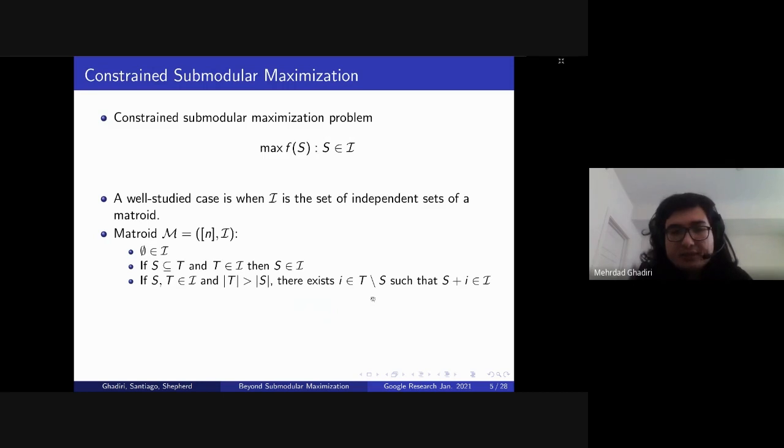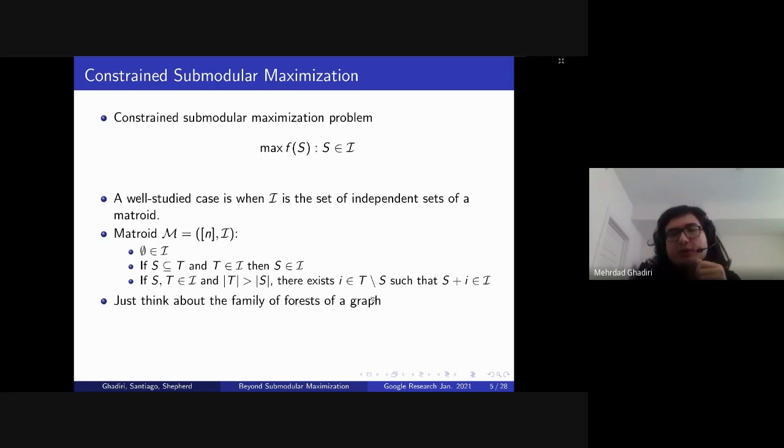The third property is the exchange property, which says that if two sets are in the independent sets of the matroid and one of them is bigger than the other, then there exists an element i in the bigger set such that adding it to the smaller set, S plus i, is in the independent sets of the matroid.